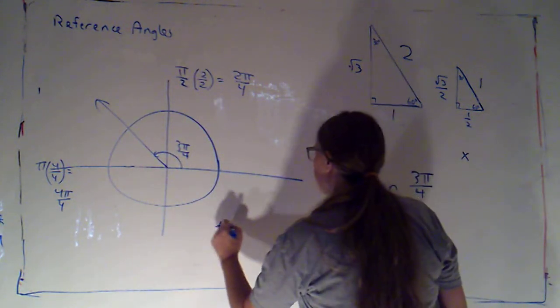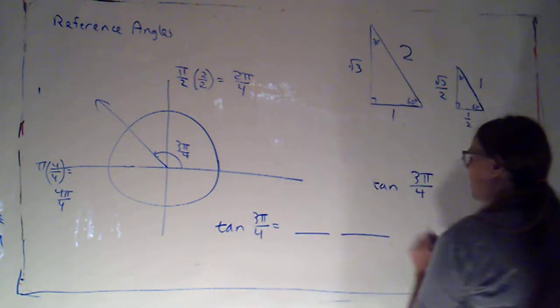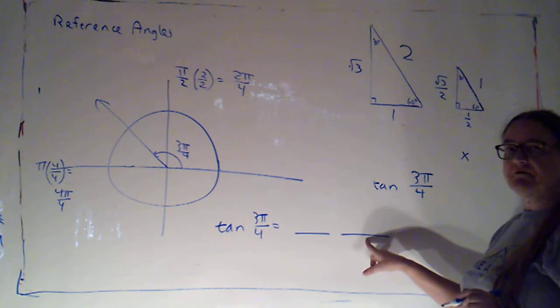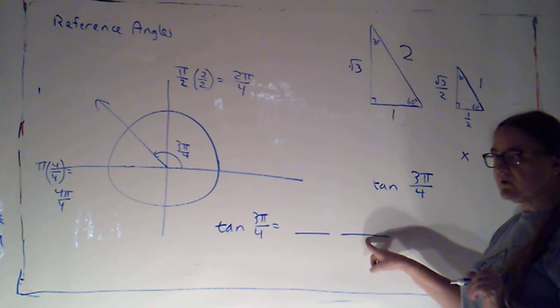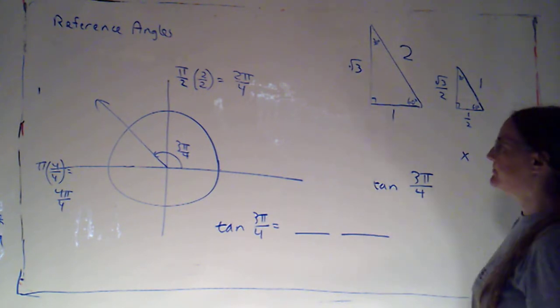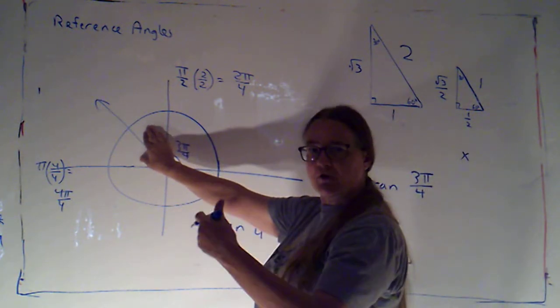Okay. So I'm going to just work this out as tangent of 3 pi over 4, a 2-step process. I'm going to figure out the sign, and then I'm going to attach the absolute value. And I know the absolute value will just be tangent of my reference angle. Okay, so the circle definition of tangent is that it's y over x.